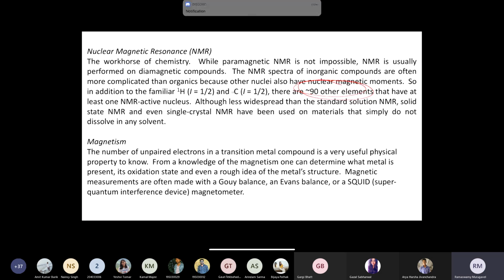There are other techniques like single crystal NMR. This is getting popular by the day. I have also seen slides of Kulkarni showing you NMR spectrometers then and today. Now the NMR machines have 900 megahertz, 1000 megahertz. These allow very small samples to be measured very easily.